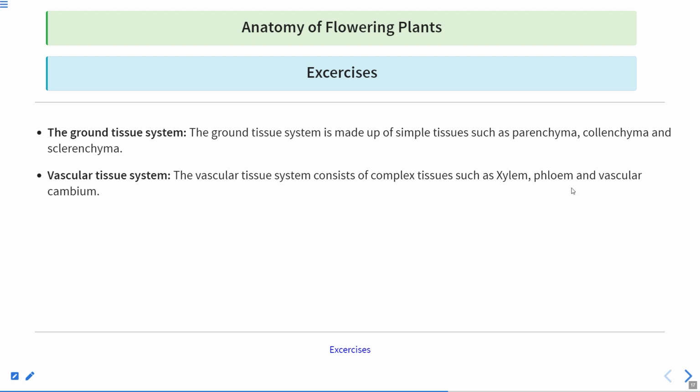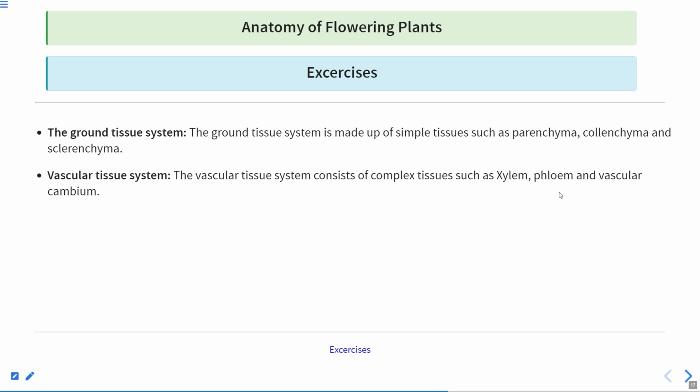What about the phloem? Phloem is also made up of four different types of cells: sieve tubes, companion cells, phloem fibers, and phloem parenchyma. Leaving out the phloem fibers, the other three are living.